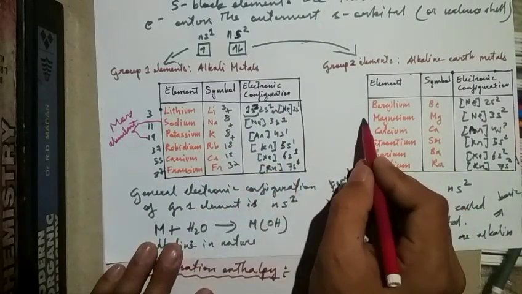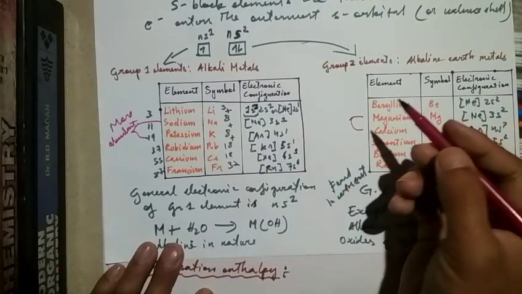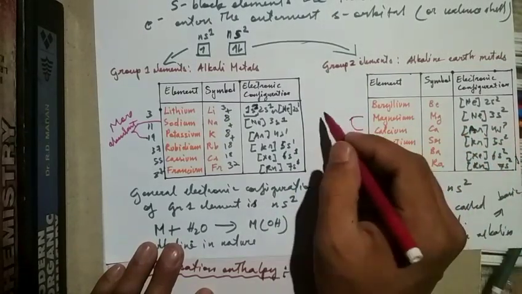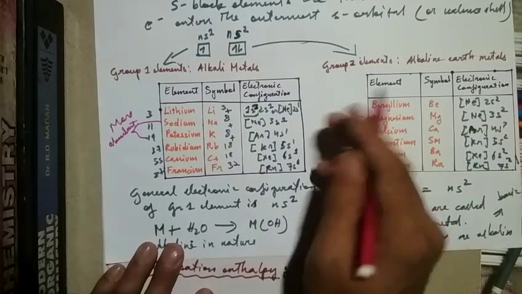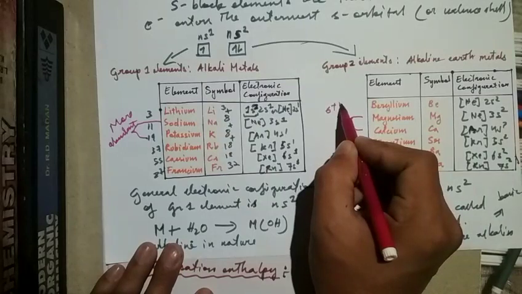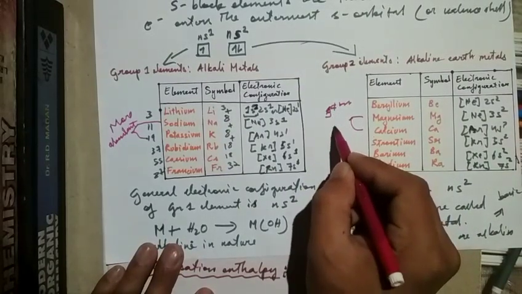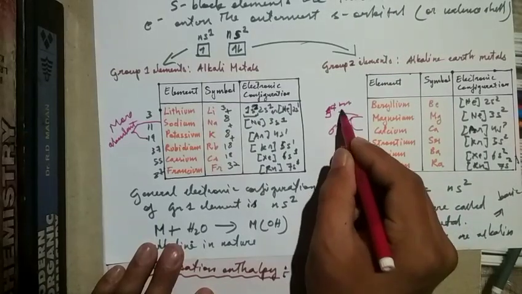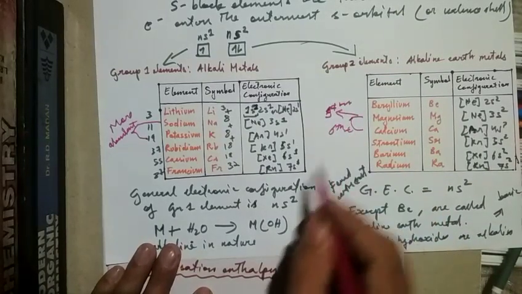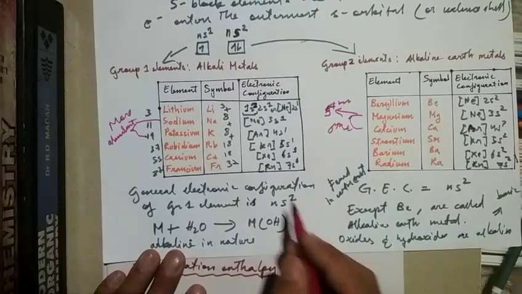And magnesium and calcium are more abundant than the rest. Among all elements in the periodic table, magnesium and calcium rank 5th and 6th in abundance.